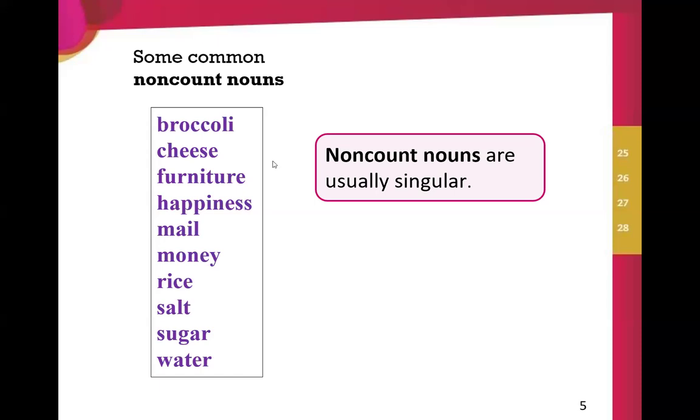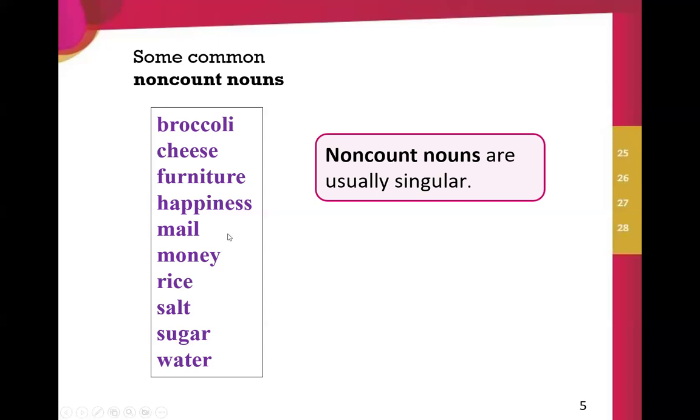So furniture is an uncountable noun. Happiness, this is an abstract noun, happiness, courage, and so on. Abstract nouns are uncountable. We cannot count happiness. Can you count happiness, for example, one happiness, two happiness, three happiness? No, you cannot.